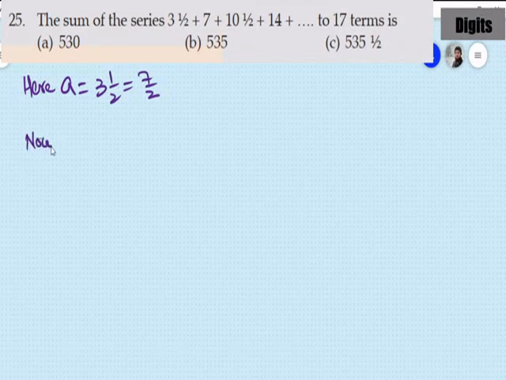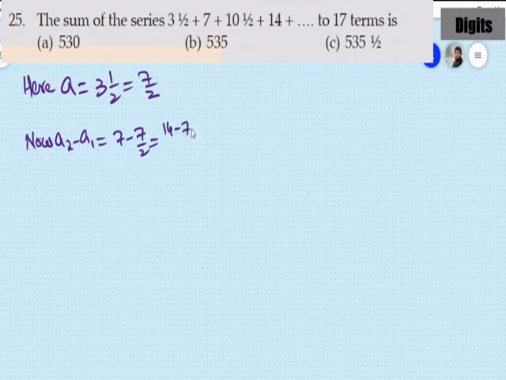Now a2 minus a1, which is equal to 7 minus 7 by 2, which will be equal to 7 into 2 is 14 minus 7 by 2, which is equal to 7 by 2. Now we will check a3 minus a2.